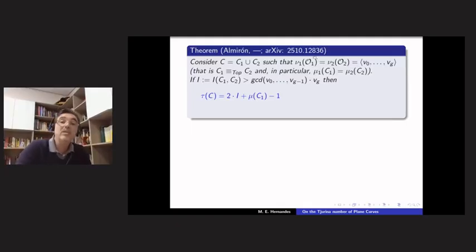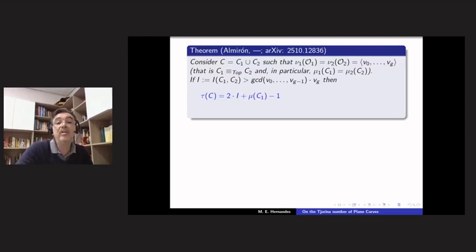And suppose that the intersection multiplicity of C1 and C2 is greater than the GCD of v0 to vg, times vg minus 1. So when you fix this singular class C, given by the semigroup of C1 and the semigroup of C2, and consider the intersection multiplicity big enough, we obtain that the Tjurina number of C is constant in this topological class.